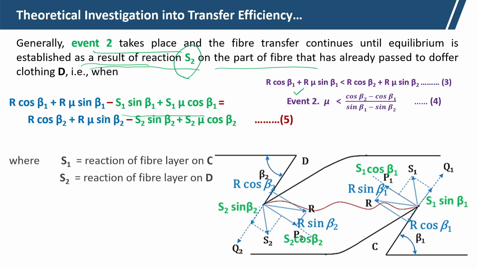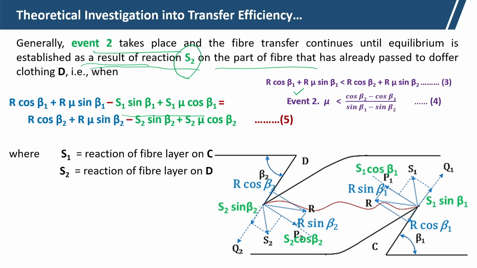So, here you can see S1 and S2 are the reactions: S1 is the reaction of fiber layer on C, and S2 is the reaction of fiber layer on the doffer.